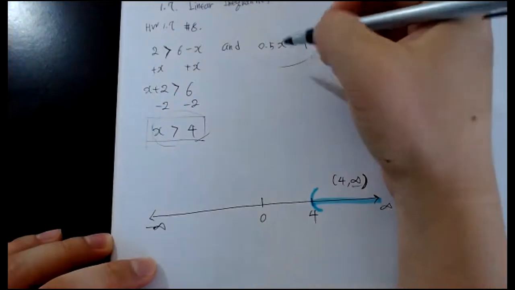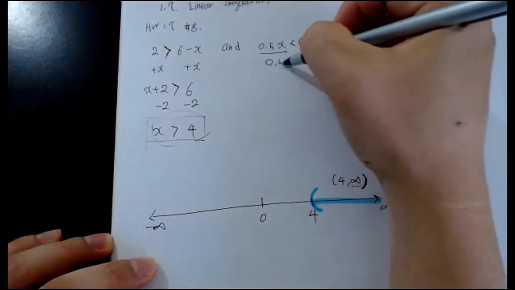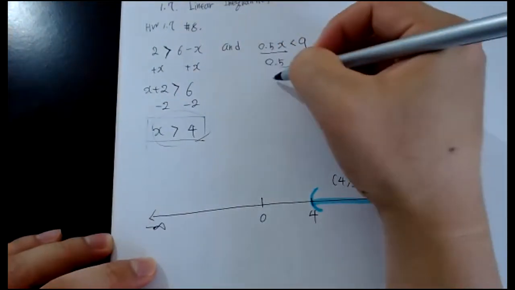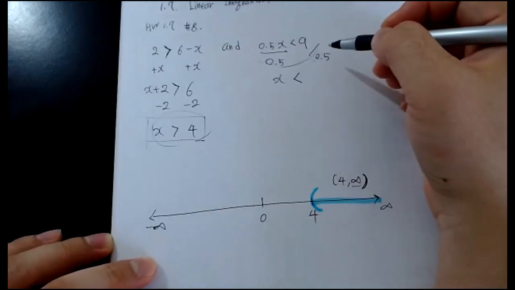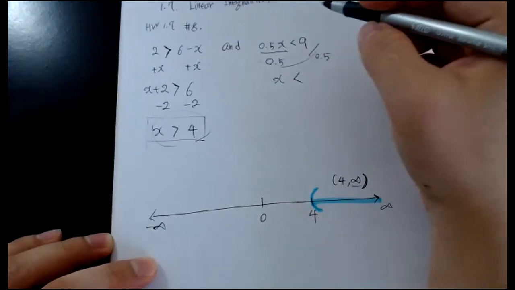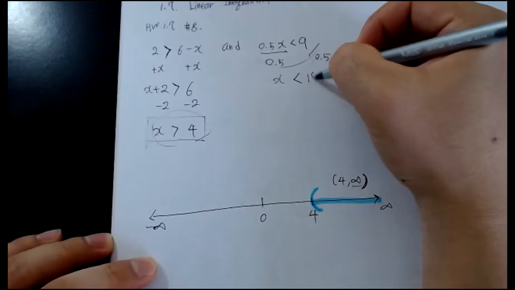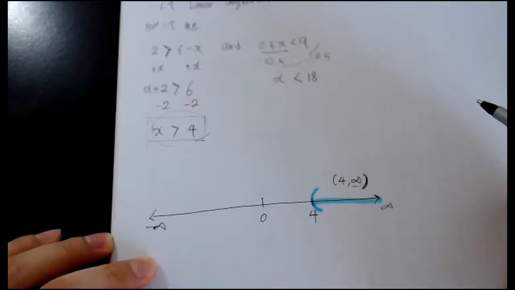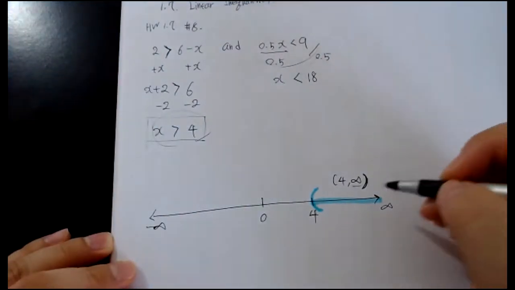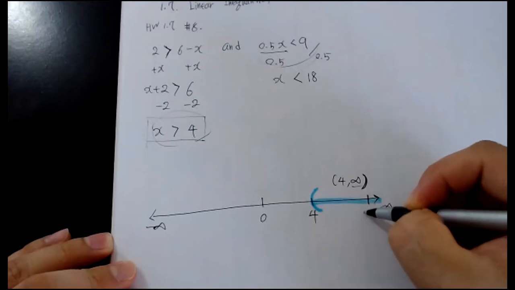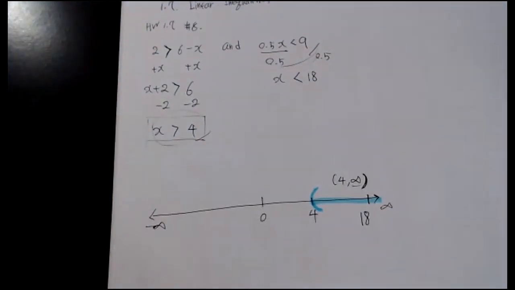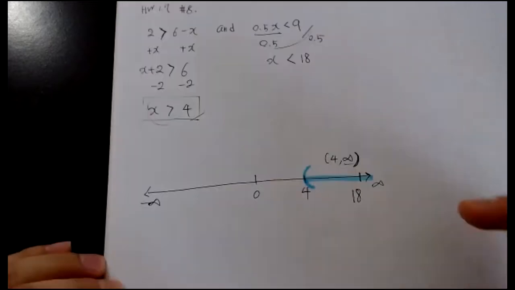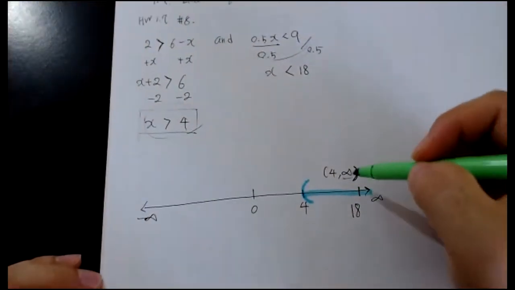Here we divide by 0.5, so 9 divided by 0.5 is 18. So x is less than 18. I know it kind of doesn't make sense, but sorry, I didn't expect we'd get such a huge number.